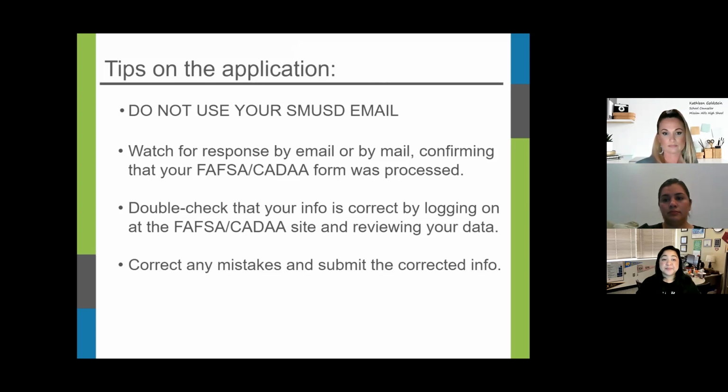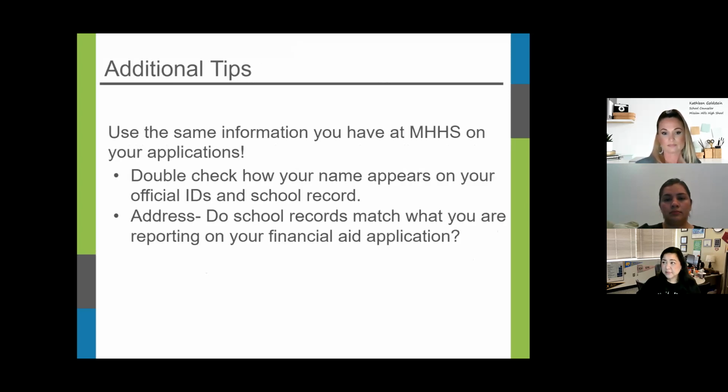And then some additional tips include, on the next slide, oh yes, using the same information that you have at Mission Hills on all your applications. So everything from how your name is spelled to your address, just double checking your records at Mission Hills, because what will happen is you'll submit your FAFSA or your DREAM Act, and then we submit these GPA verification forms.